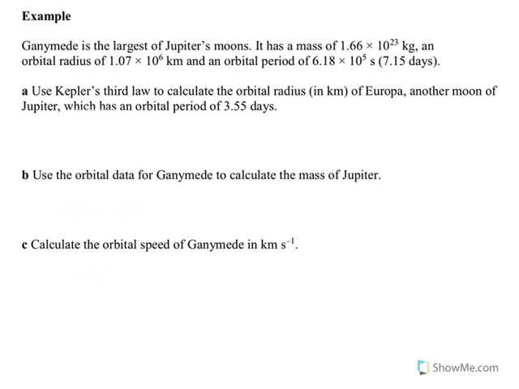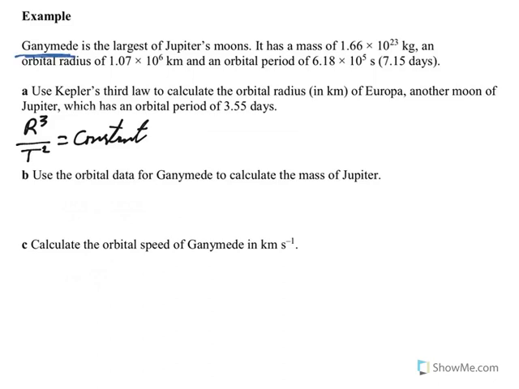Alright, so this is where Kepler's third law comes in. Right, so that's r cubed on t squared is equal to some constant. And so I'm going to do two colours.